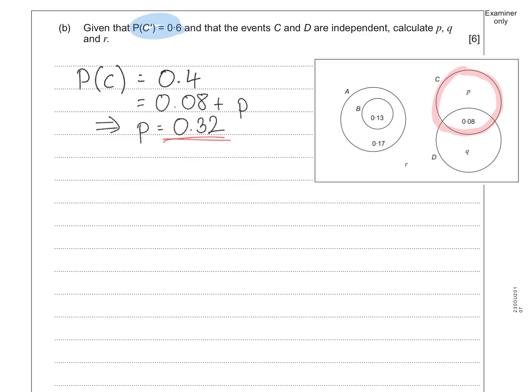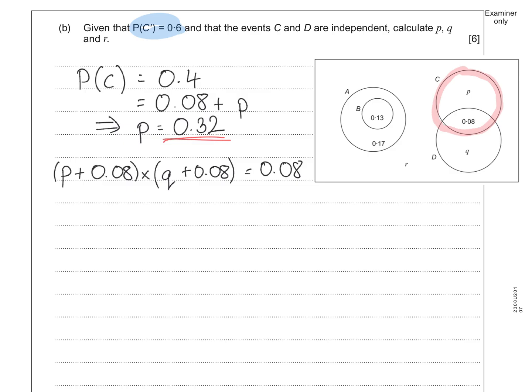Then we know that since C and D are independent, probability of C times probability of D equals the intersection, which is 0.08. So I can say that P plus 0.08, so that's the probability of C, multiplied by Q plus 0.08 is equal to 0.08.